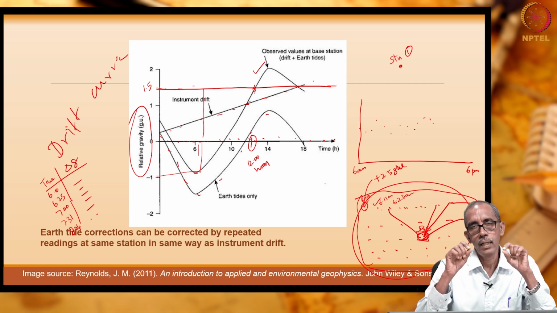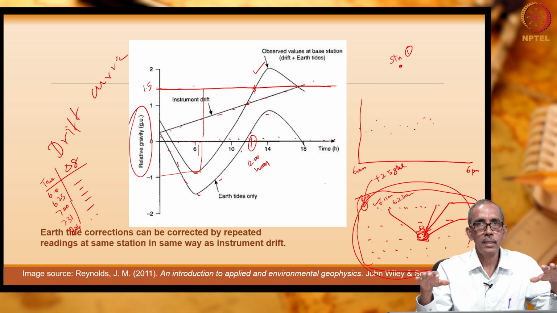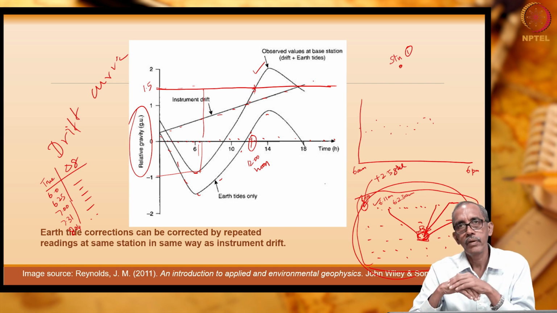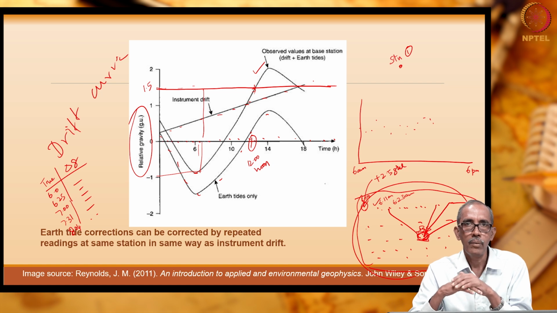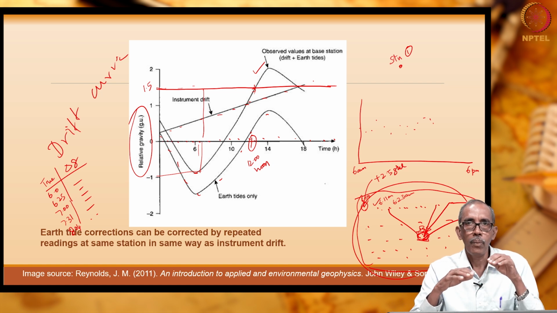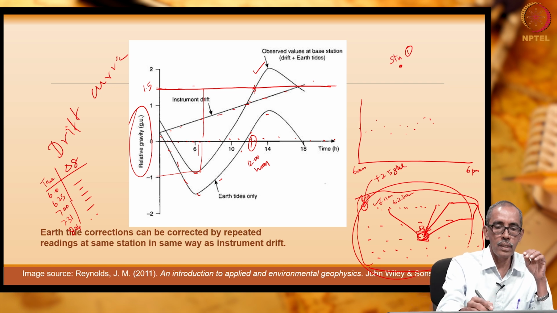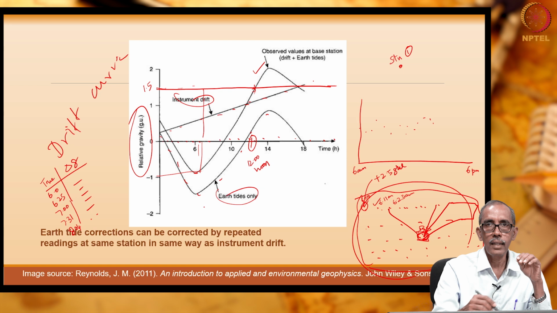Then the next is terrain. In terrain, the presence of valleys and mountains around our stations was removed. Lastly, we have seen tidal correction. In tidal correction, we have eliminated the effect of both the instrument issue, which is the drift of the instrument, and the other issue, the earth's tide.